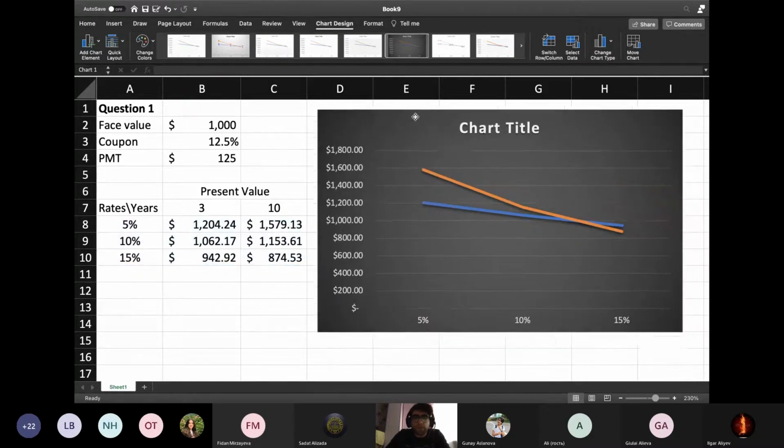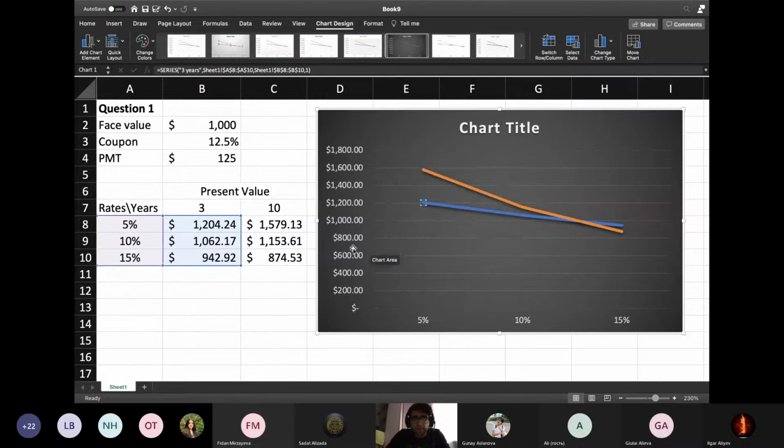So you see, the orange line is for 10-year maturity. The blue line is for 3 years maturity.